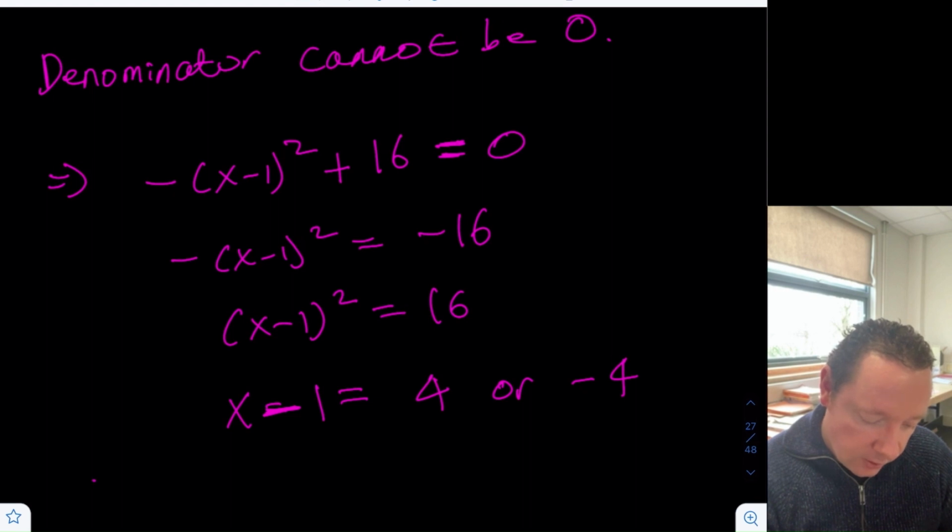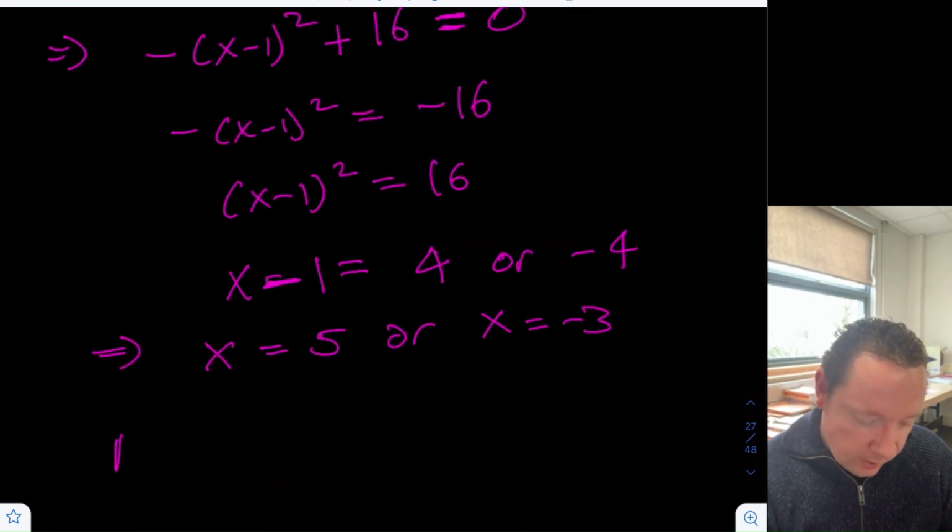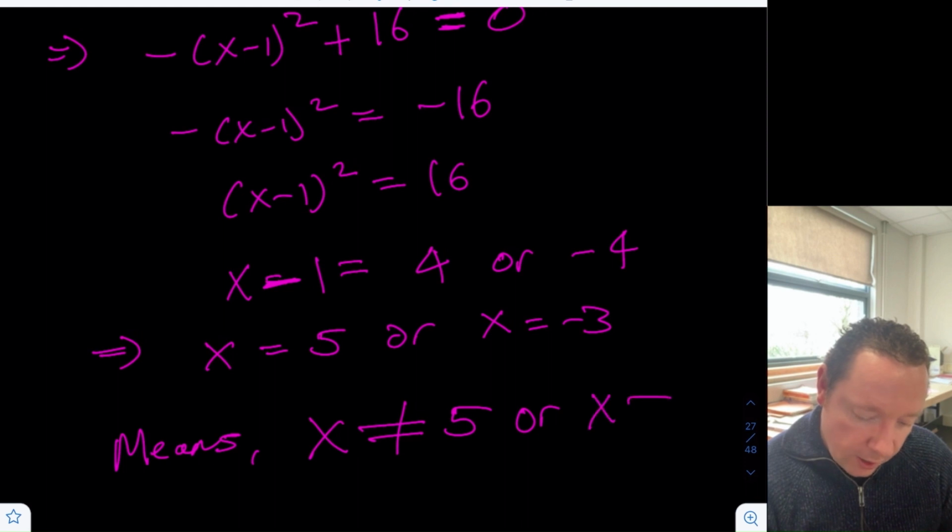So that means x either equals 4 plus 1 is 5, or x equals minus 4 plus 1 is minus 3. That means x cannot equal 5, or x cannot equal minus 3, and we're done there.